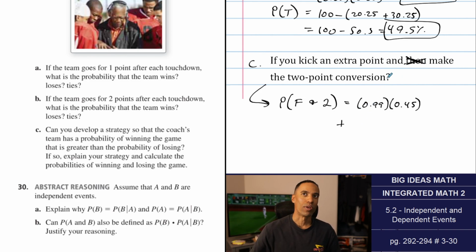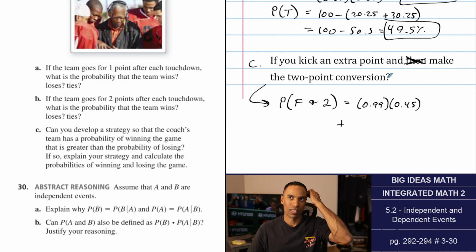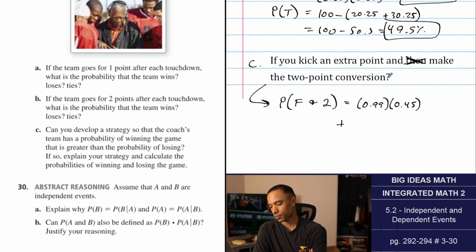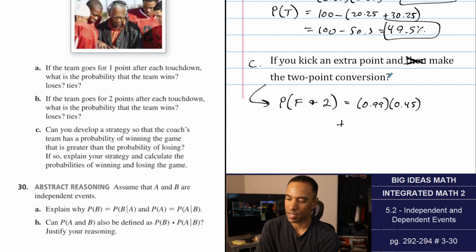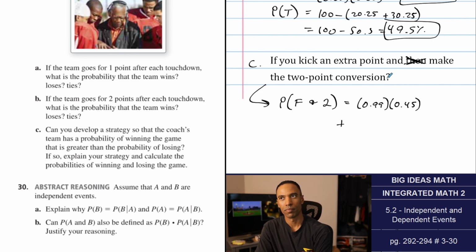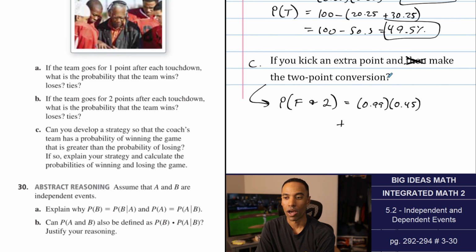And in real football, I gotta admit, these wouldn't be independent events, because in real football, it's likely you'd want to go for the 2-point conversion first. Oh, there are other options here.